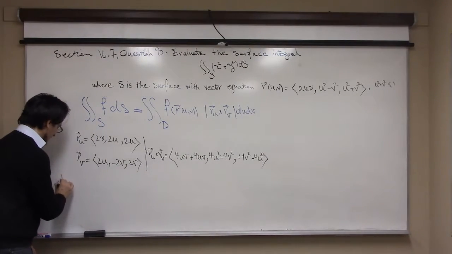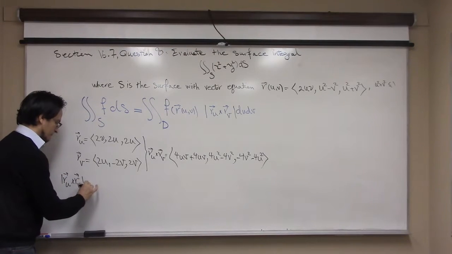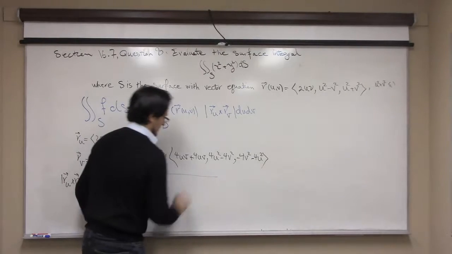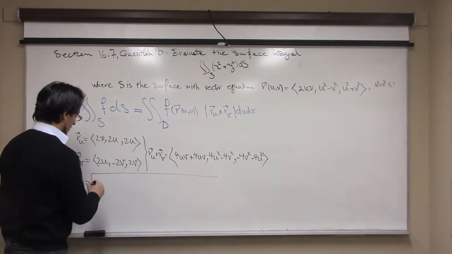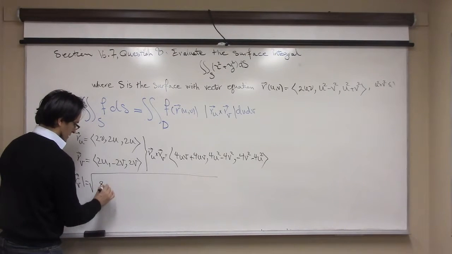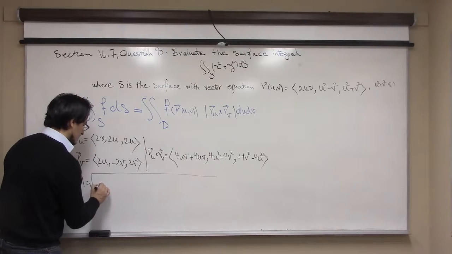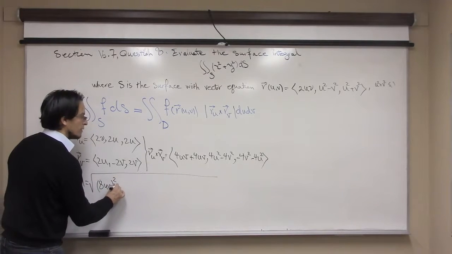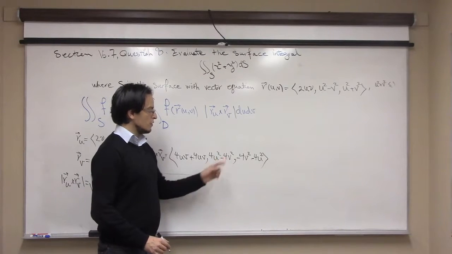Yes, now I can find the length of r_u cross r_v. The first component is 8uv, so it is (8uv) squared plus (4u squared minus 4v squared).